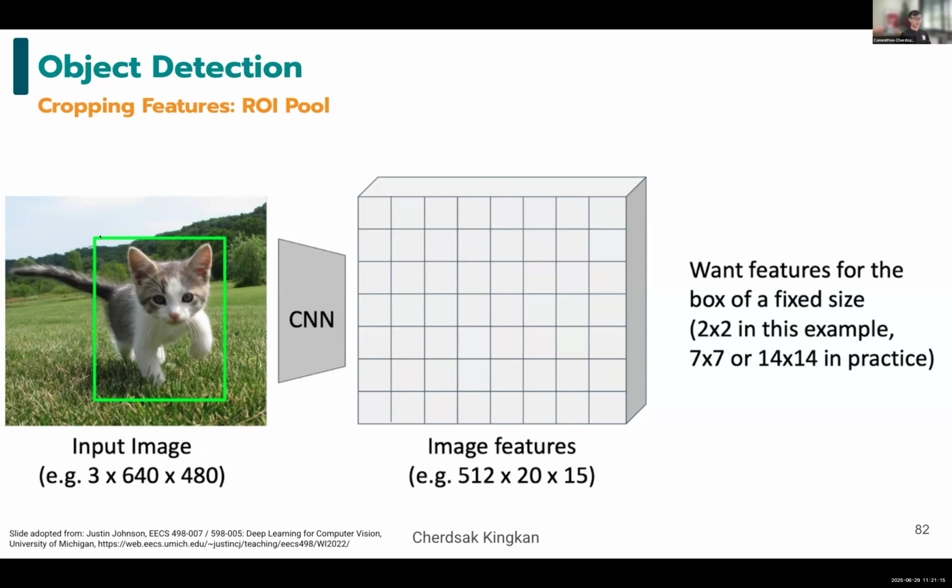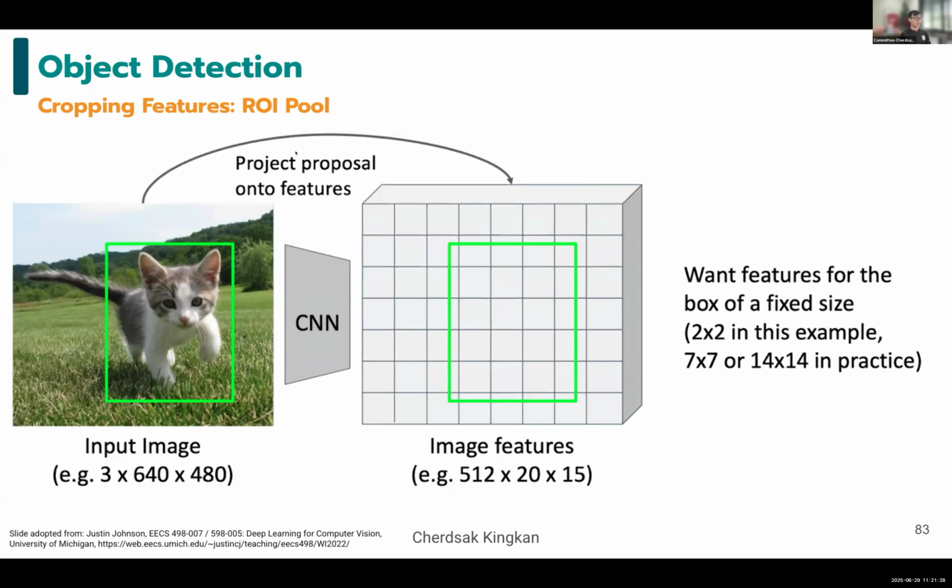But we know the ground truth. This is our ground truth, and we want to map it to the feature maps. So we have to project the proposals onto the feature maps, and that's how we borrow the idea from the previous slides.